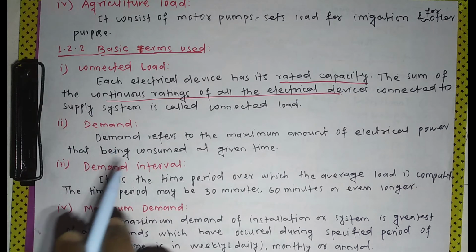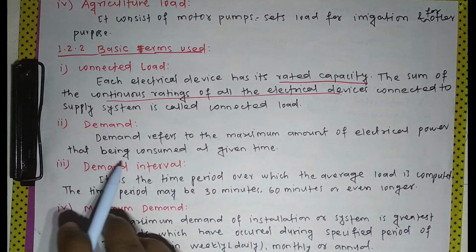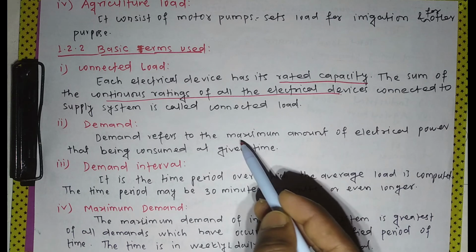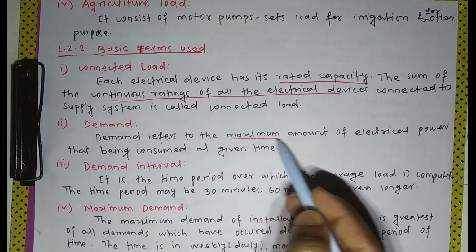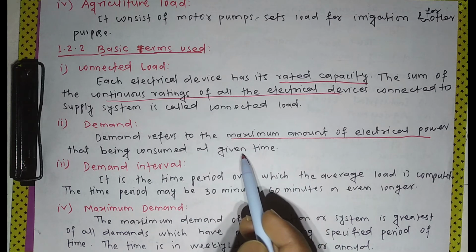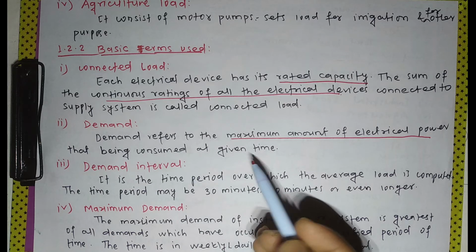Then demand refers to the maximum amount of electrical power being consumed at a given time. Means if we use the maximum amount of electrical power at any given time, then it will be our demand.